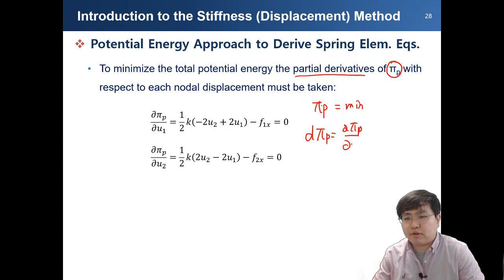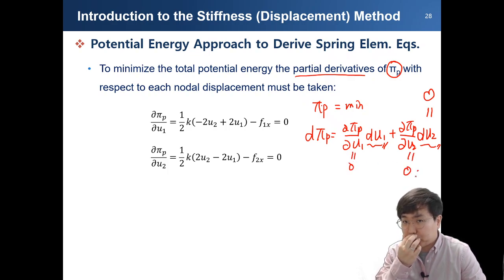First, using the first variable u1, and then the second variable u2, each becomes 0. That means this separated individual part must become 0.